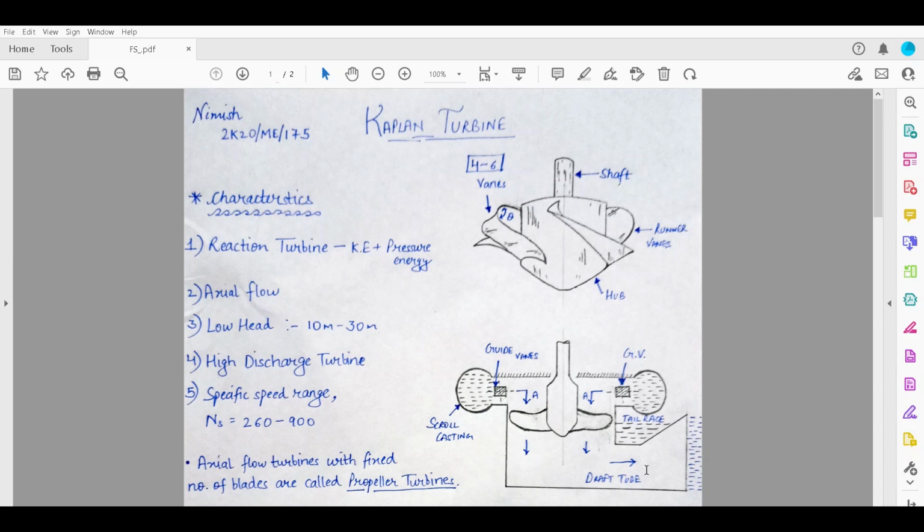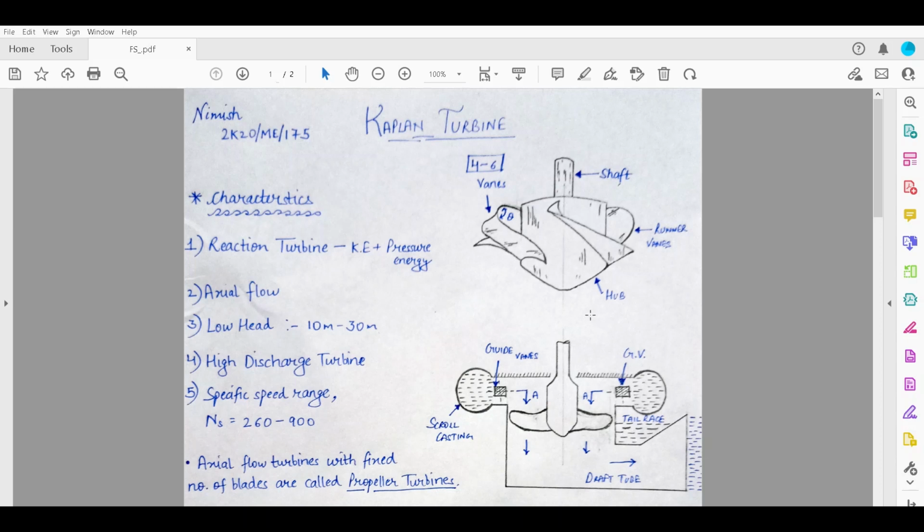A draft tube is kind of a diffuser which increases the pressure by reducing the velocity. So here, first of all, the water comes into the runner with high kinetic energy, which means high velocity, and then this tube suddenly expands, thereby creating high pressure and reducing its velocity, and then discharging that water into the other water body source.